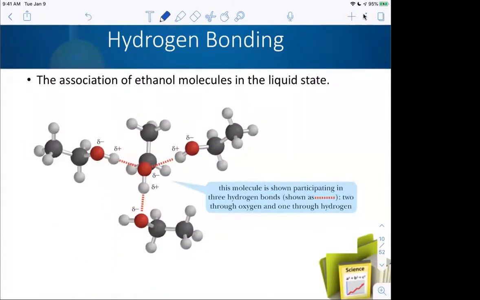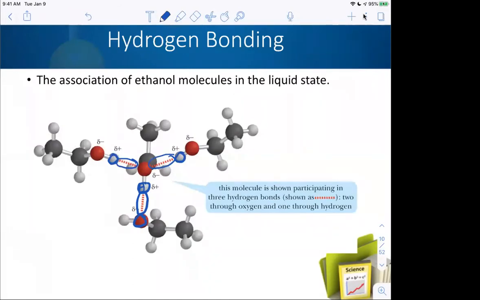Here I have ethanol molecules associating in the liquid state. So I've got hydrogen bonds here and here. The lone pair on those oxygens can accept hydrogen bonds from those hydrogen atoms. Here's the hydrogen on that center atom that can form a hydrogen bond with the oxygen on another atom.